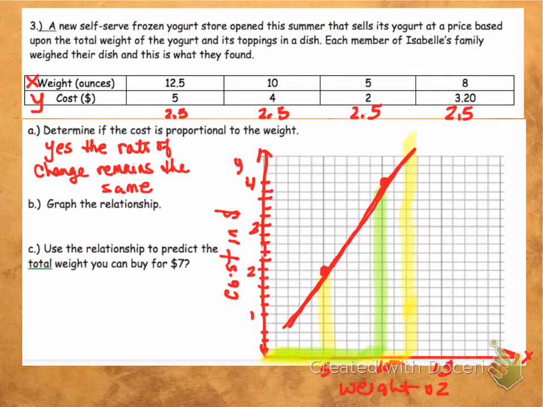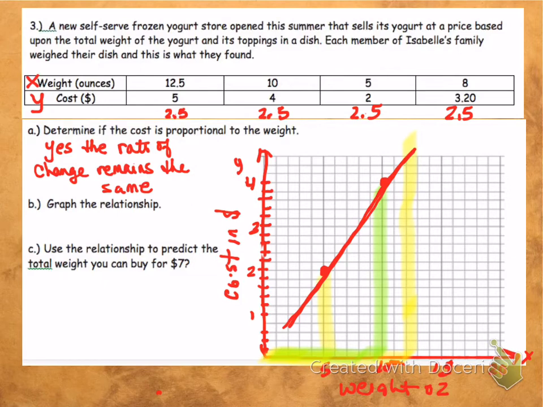And then we use the relationship to predict the total weight you can buy for $7. So we can use the unit rate, and the unit rate is that if you get 12.5 ounces for $5, then we want to look at that unit rate.